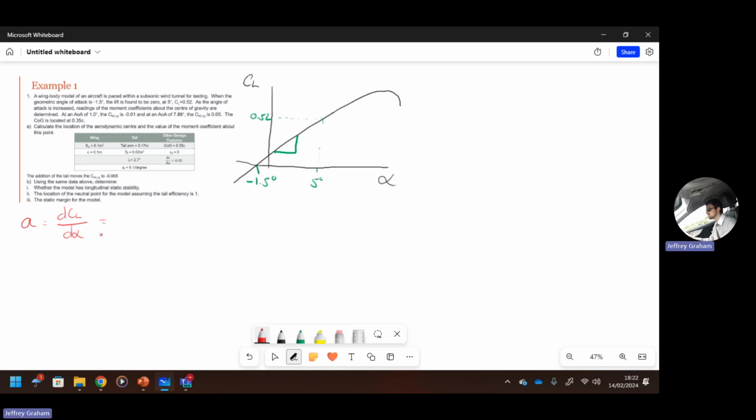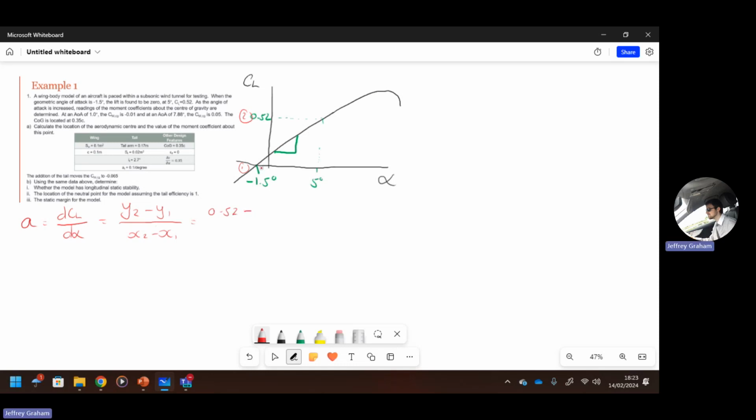It's just the standard gradient formula: a location on the y-axis, a second location on the y-axis, divided by those corresponding points on the x. Make this point 2, make this point 1. So y2 on the y-axis, you can see, is 0.52.